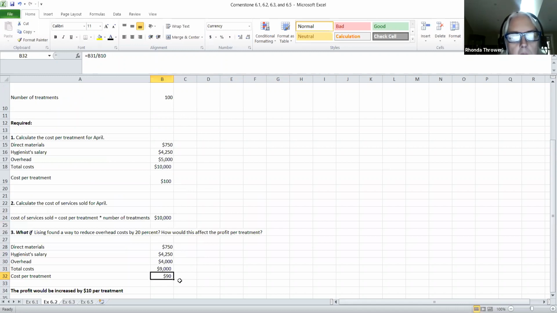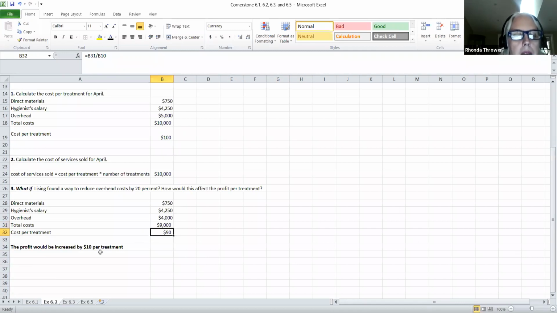And that decrease in cost will increase our profit by $10. So they really wanted to know, how would this affect the profit per treatment? The cost went down by $10, which would mean that your profit would go up by $10.